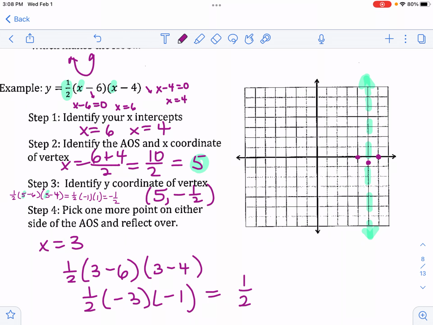So I have 1/2 times +3, and I get 3/2 or 1.5, whatever floats your boat. So that point is hanging out at (3, 1.5). I can use my axis of symmetry to get the mirror point on the other side, hanging out at (7, 1.5). And I end up with my U shape hanging out.